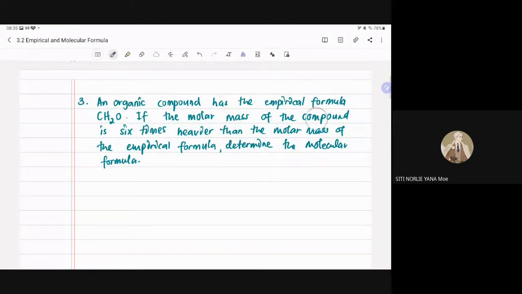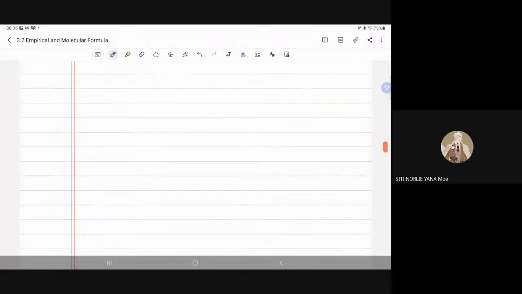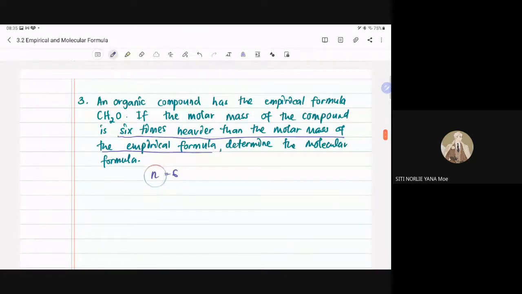Molar mass of the compound is 6 times heavier than the molar mass of empirical formula. Ayat ini yang maksud dia adalah N dia adalah sama dengan 6. N is equals to 6. Okay, dan N ni jangan keliru dengan determination of empirical formula. N bukan number of mole. N ini bukan number of mole.